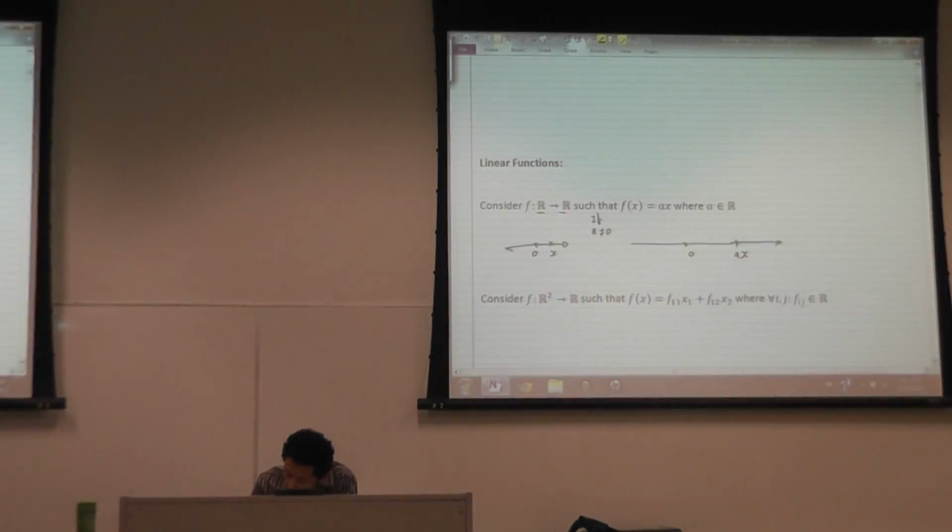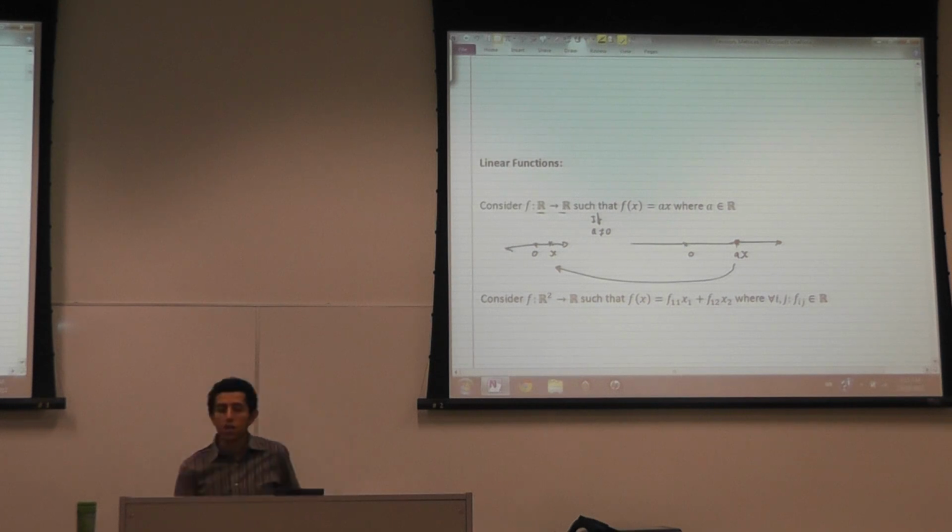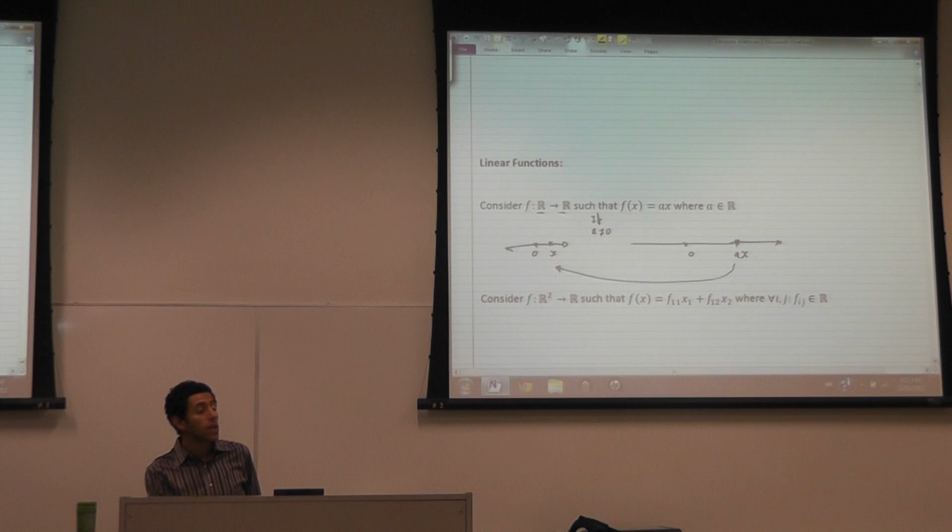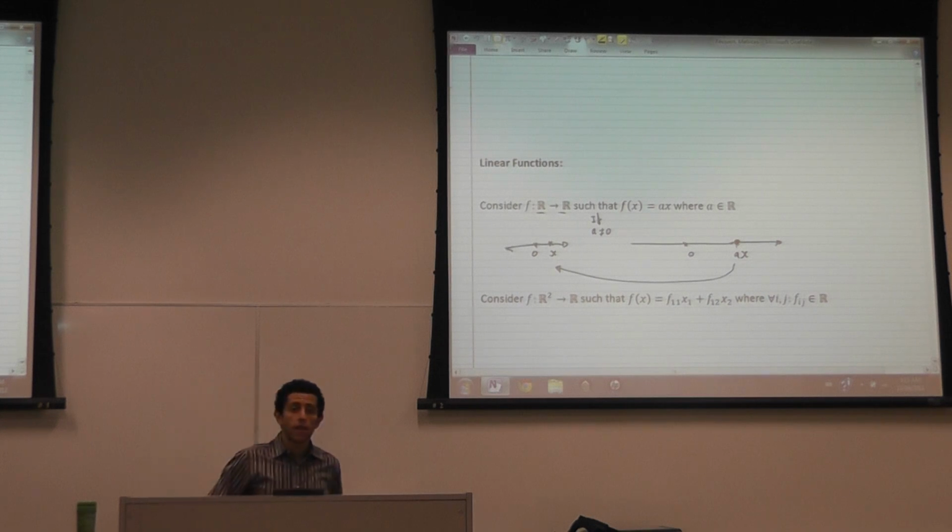And given any number ax here, I can trace it back by dividing by a and get x. So this function, if a is not equal to 0, is actually invertible, because I can go from one side to the other, or I can go back from one side to the other.